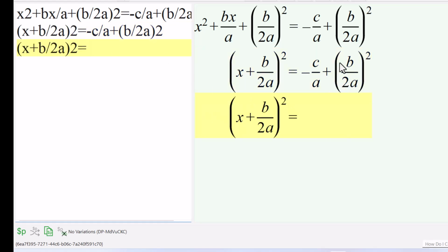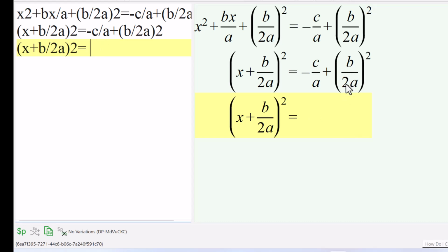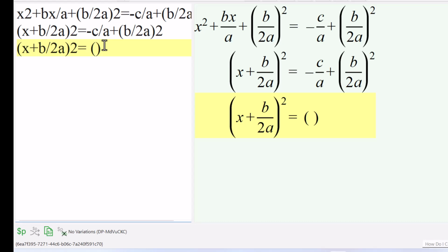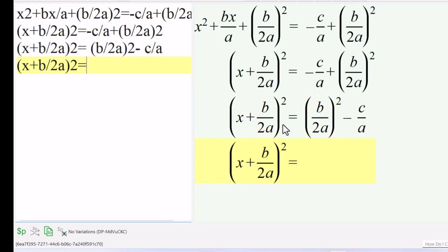So this part now, I need to open this bracket, which is minus c over a. Or let me put this one first. Let me write the positive first, which is open and close bracket, b over 2a square minus c over a. I decided to write this first before this. Then at this point, I can now solve this part.